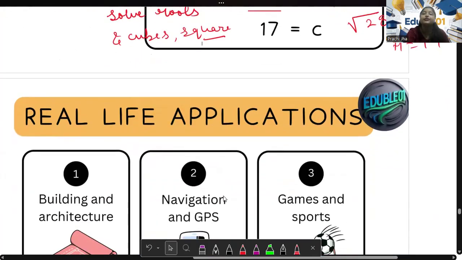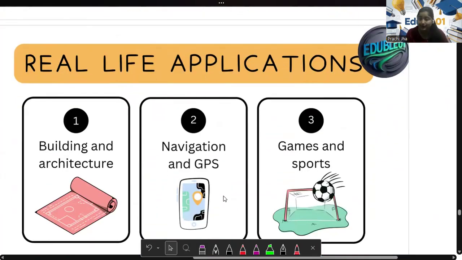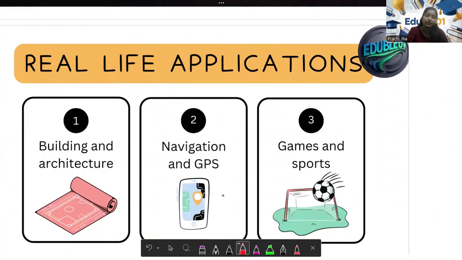Now, let's see some real life applications of the Pythagorean theorem. Building and architecture, in this sector the Pythagoras theorem plays a very important role. If you have seen temples, you have seen that on the temple there is a triangle or something like this, the dome.